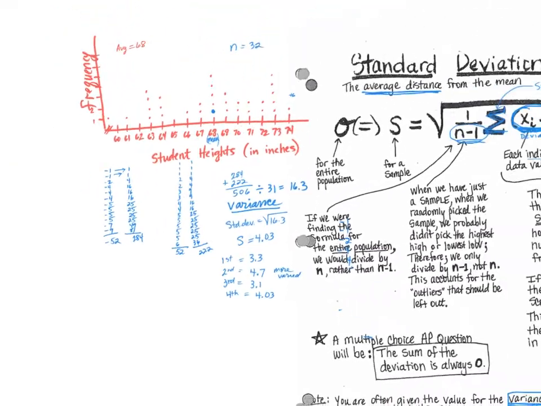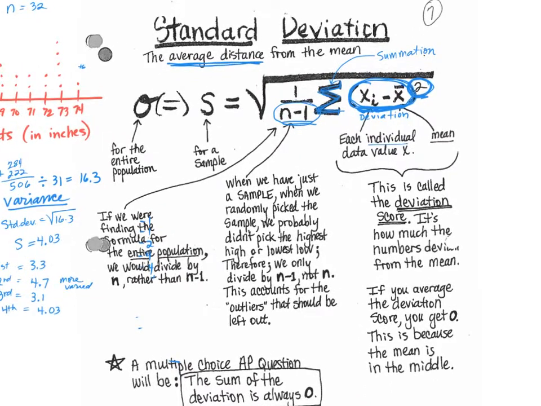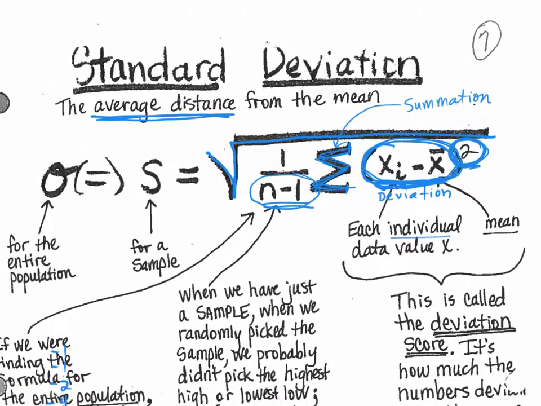So that's essentially what the standard deviation is. And so in summary, the last thing is unsquaring it, doing that square root. So let's review this formula. You need to find this deviation, the distances each person is away from the mean. And then, why do we square it? So that it's not negative.